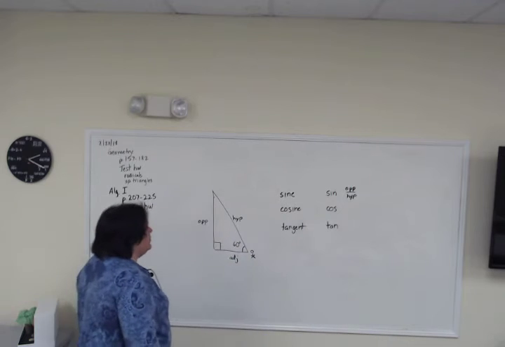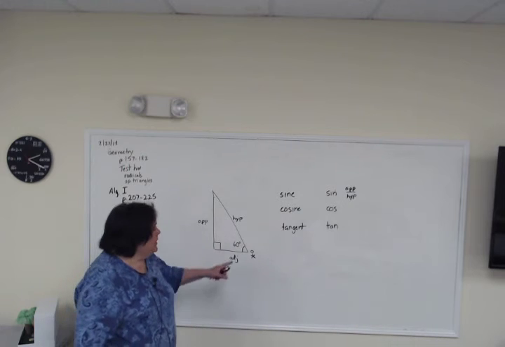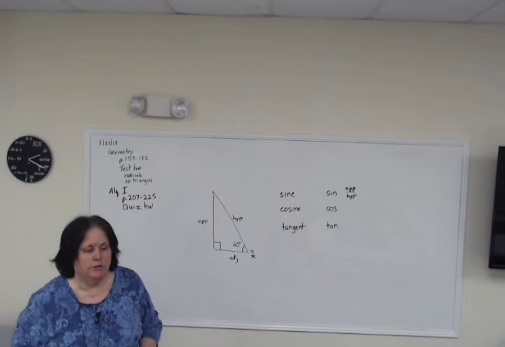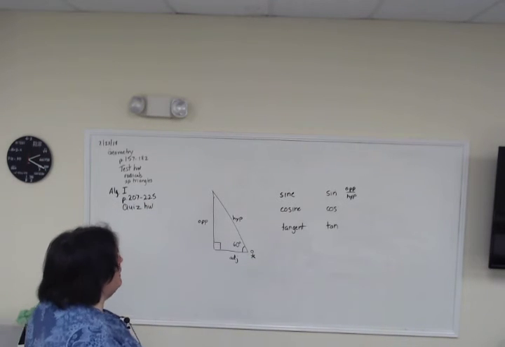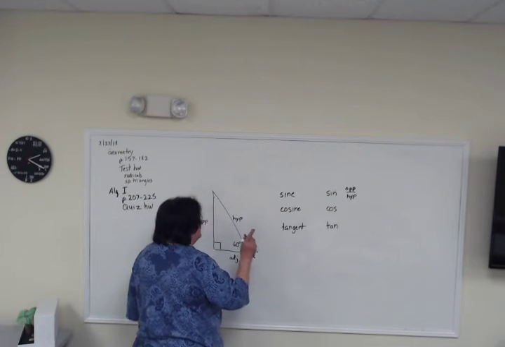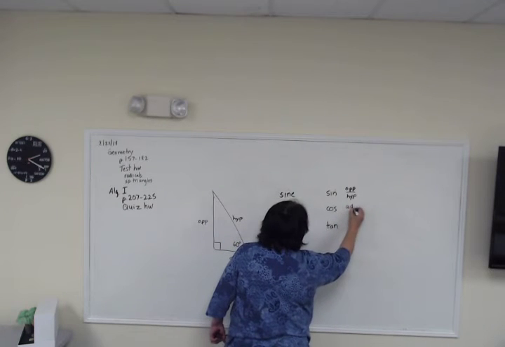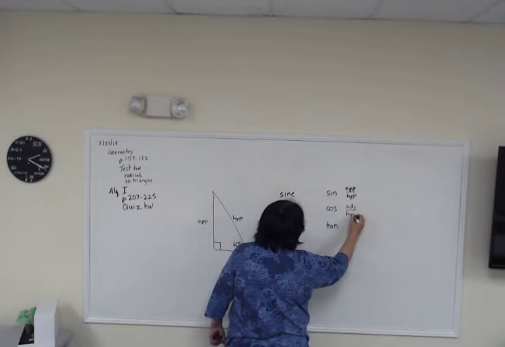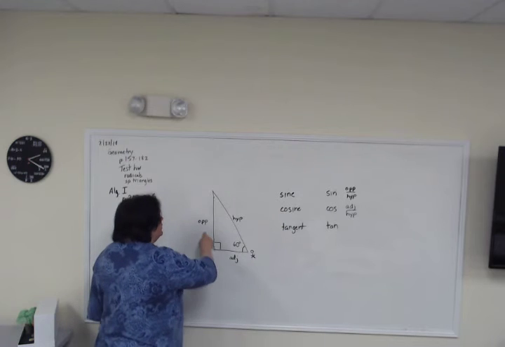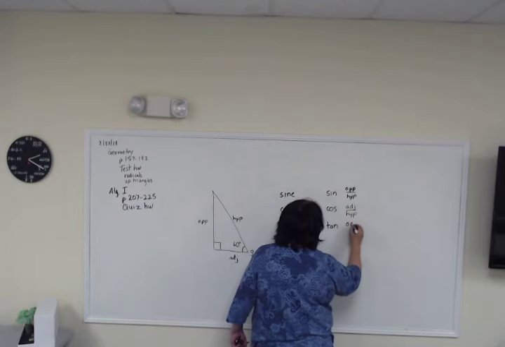Sine is opposite over hypotenuse. Cosine is the ratio of the adjacent side to the hypotenuse. And tangent is the ratio of the opposite to the adjacent, or opposite over adjacent.